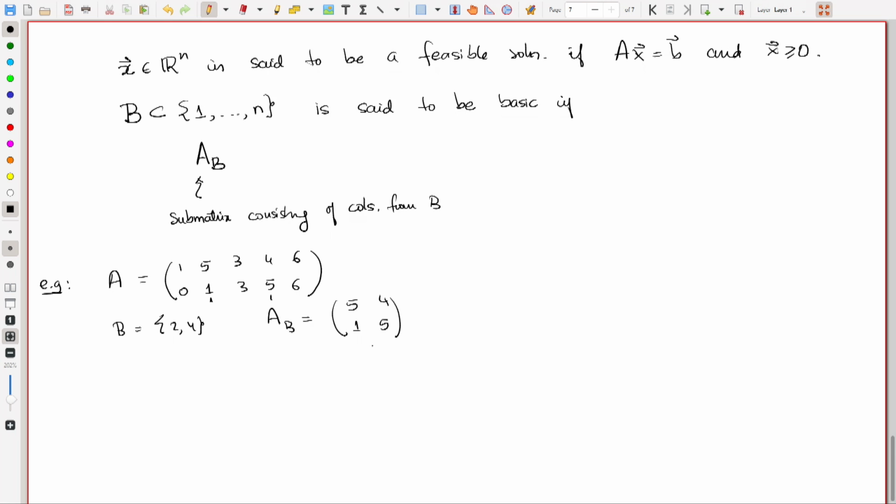non-singular. So, it is said to be basic if A_B is non-singular, or it has rank equal to m, has independent columns.